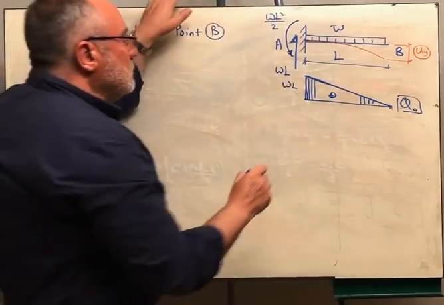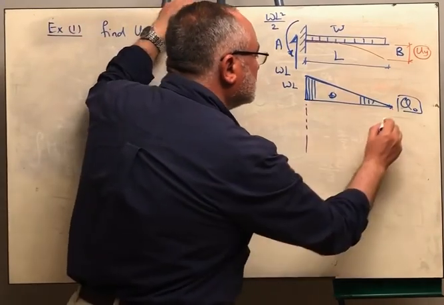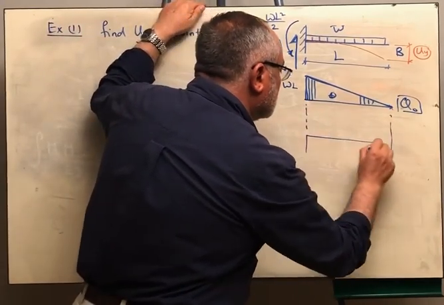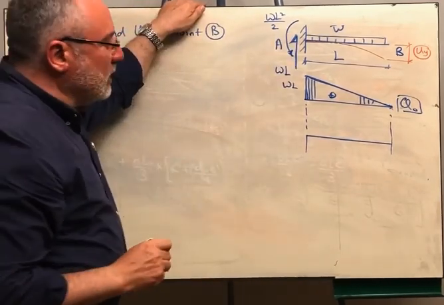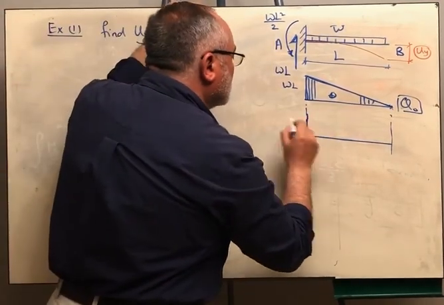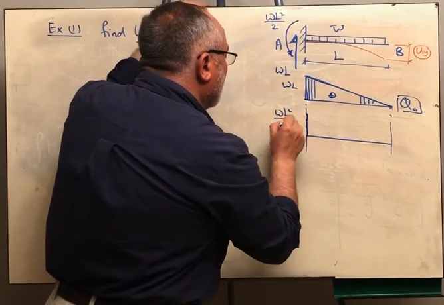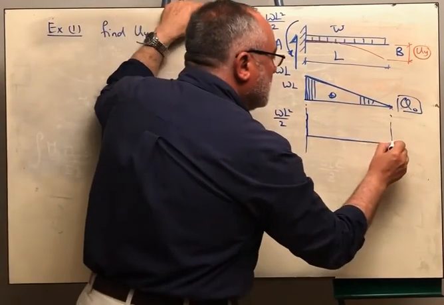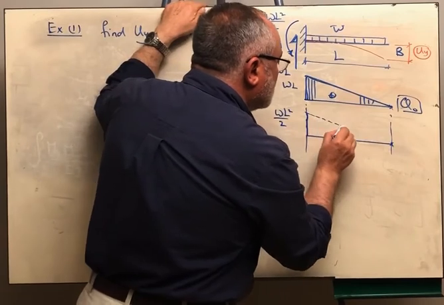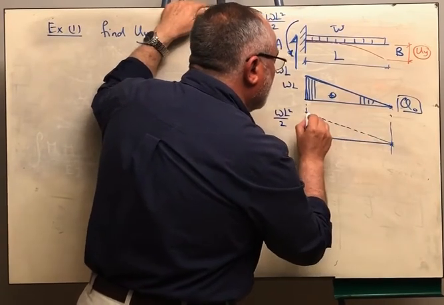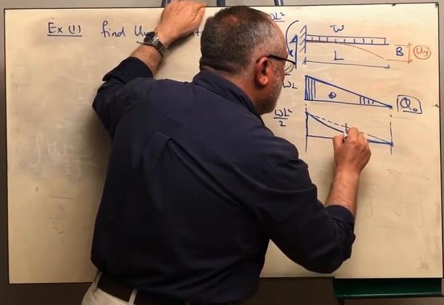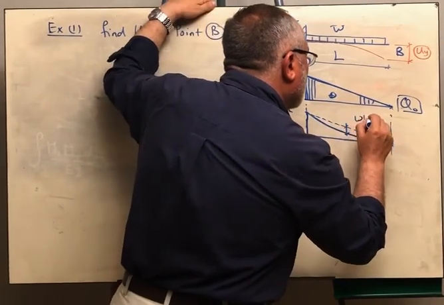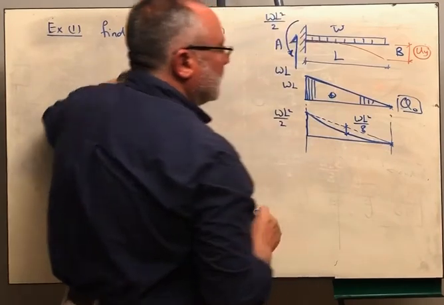So what will be the bending moment? The bending moment at point A is negative WL square over 2, drawn above the datum, and the bending moment here is 0. We connect these two by a straight line, and then we suspend a parabola. The magnitude of the parabola is WL square over 8.